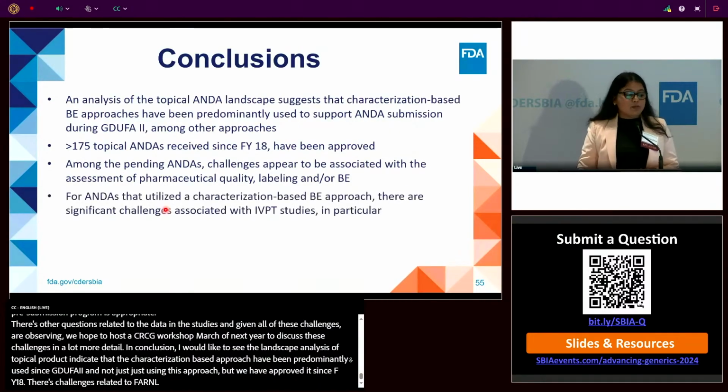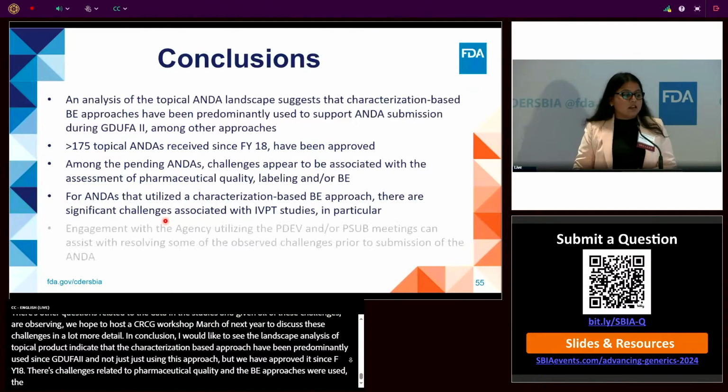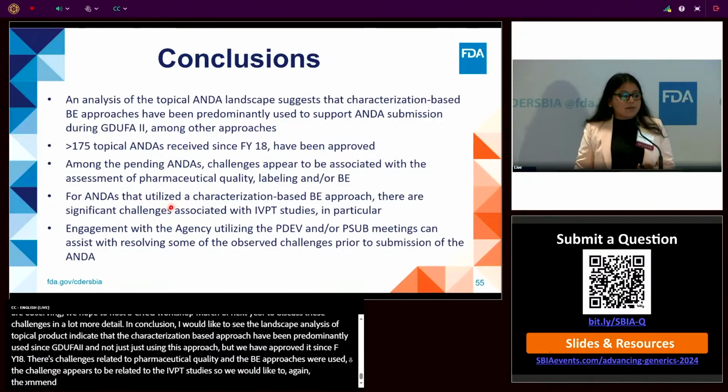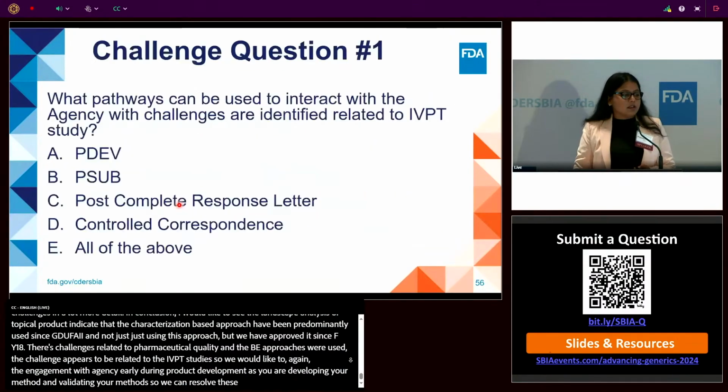However, for the products where characterization-based BE approaches were used, the predominant challenge appears to be related to the IVPT studies. So we would like to, again, recommend engagement with agency early during product development, as you are developing your methods, as you are validating your methods, so we can resolve some of these challenges and support product approval.